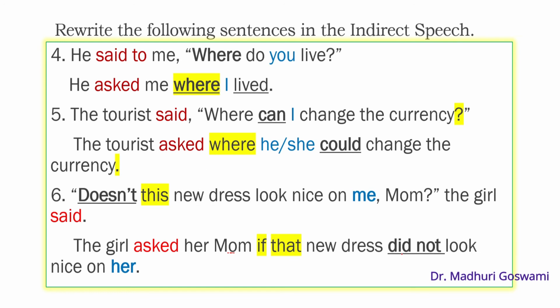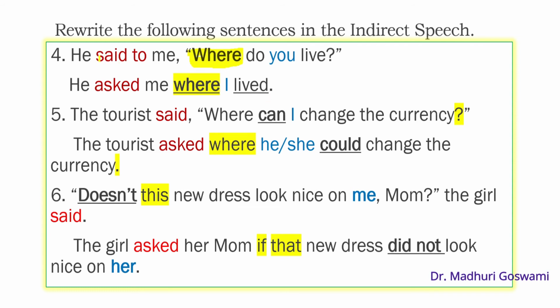The 4th sentence is, he said to me, where do you live? It's very simple one. First you need to identify that which type of a question it is. It's a WH word question that begins with a WH word, and in this example, this word is where. When this sentence is changed into the indirect speech, it will become, he asked me where I lived.